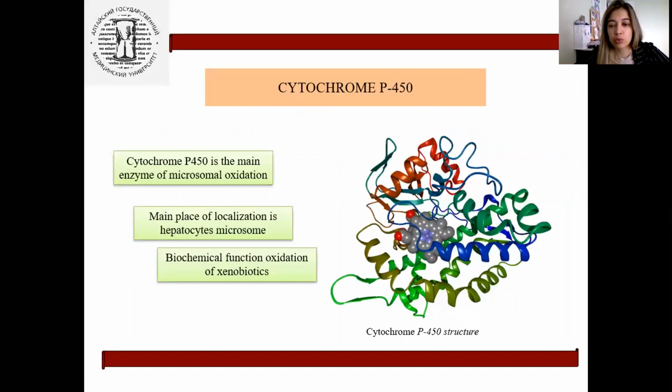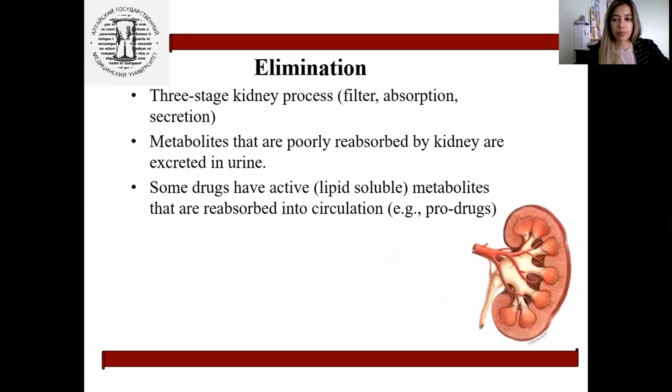Also, one very important structure in our body which makes some biotransformation is cytochrome P450. This is the enzyme, especially in the liver, but not only. And this is the main enzyme of microsomal oxidation. Its main place of localization is hepatocytes, I already told you, in the liver, yes, and its biochemical function is oxidation.